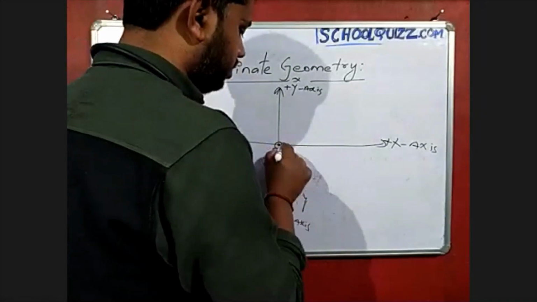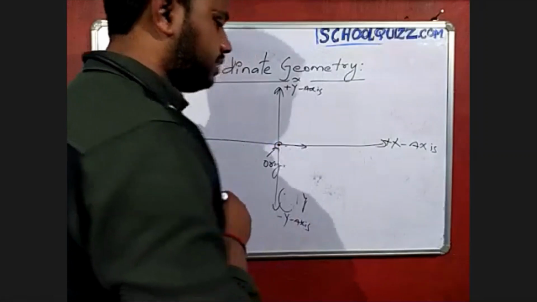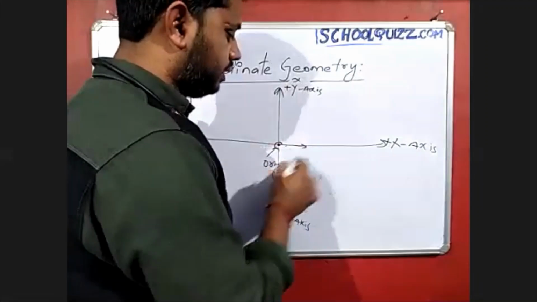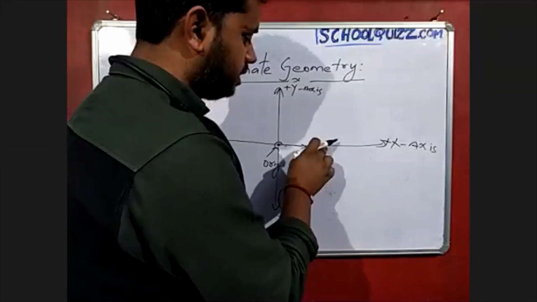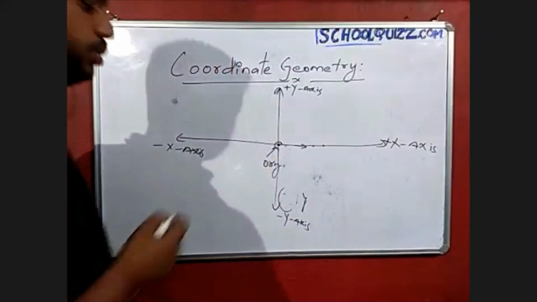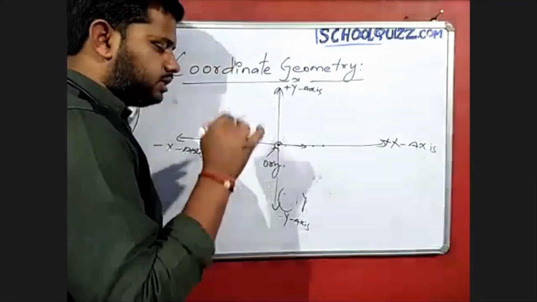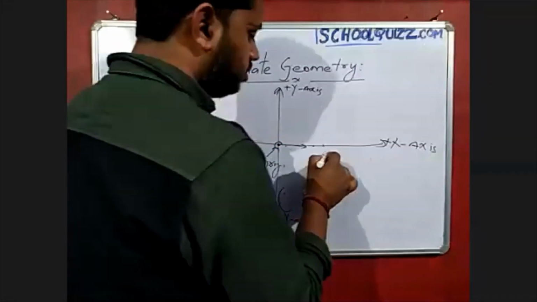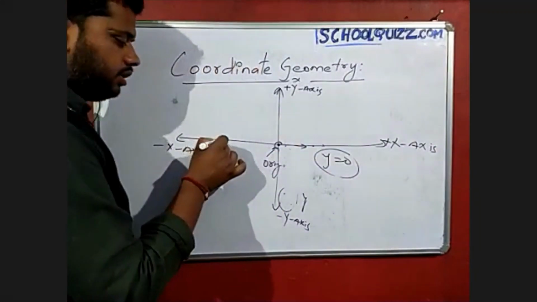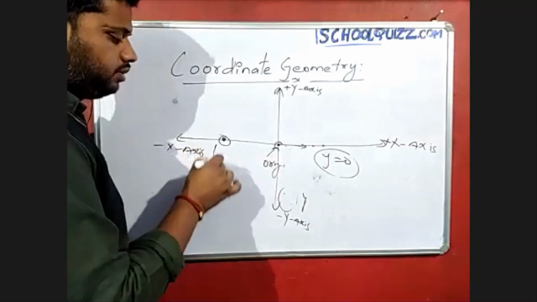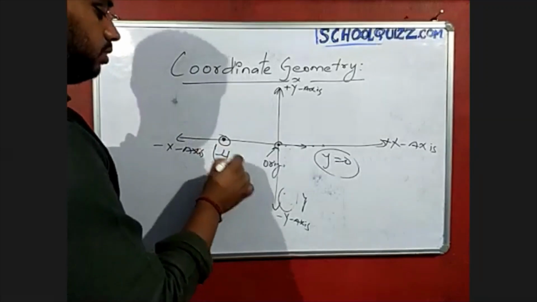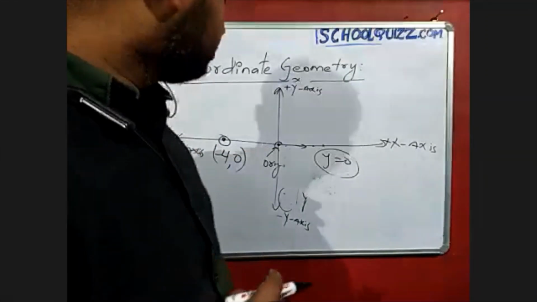He is not moving towards the positive or negative y-axis, so the y value is always 0. Suppose I ask for the point on the x-axis touching -4. Then the y coordinate you can directly write as 0.